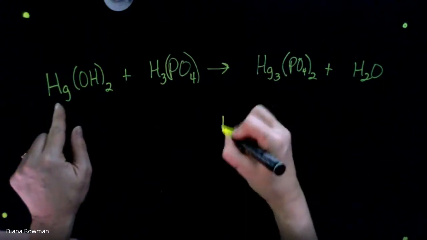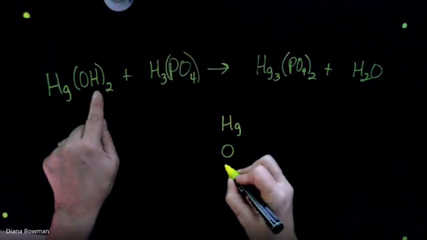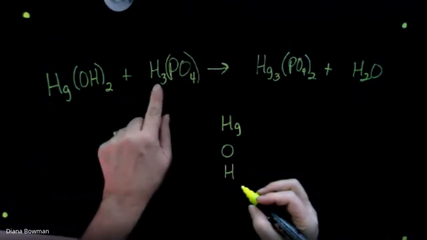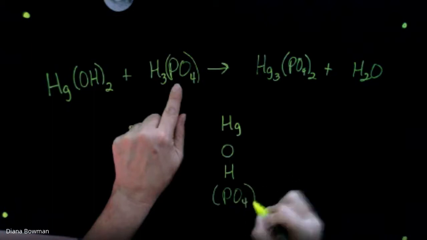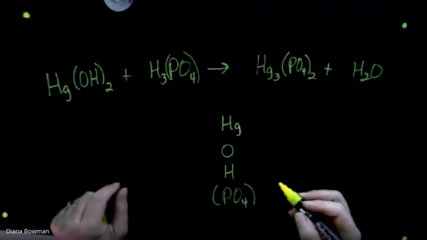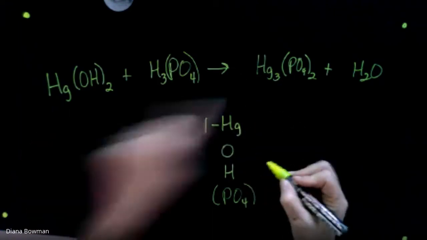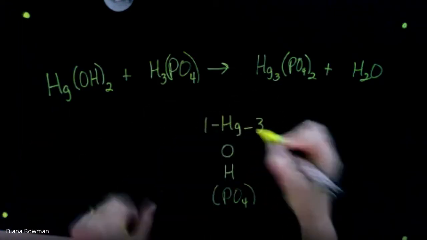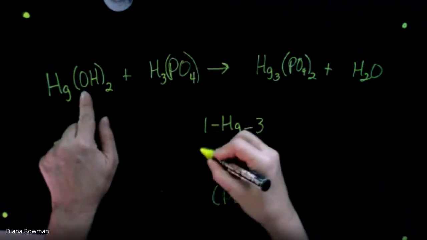So here we go. We've got Hg, we've got oxygen, we've got hydrogen, and there's some more hydrogen. And then we've got PO4. Okay. So that's what I have to keep track of. I've got 1 mercury here. I have 3 mercuries there. I have 2 oxygens here.